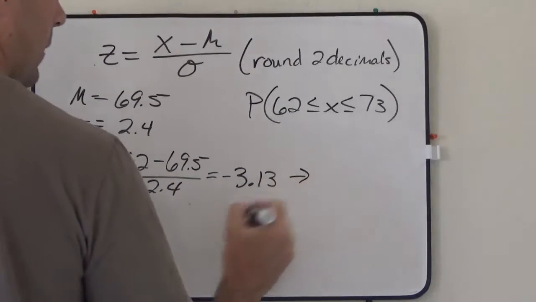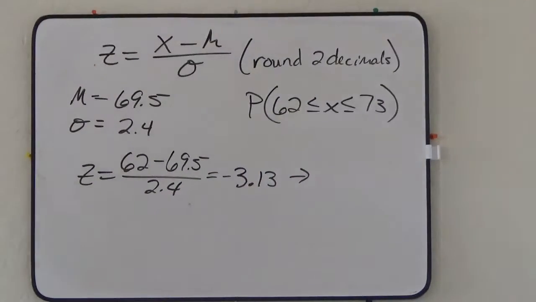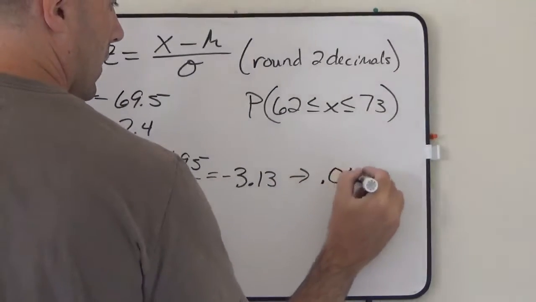Alright, so we need to find out what that probability is. So we go to our chart in the book. We're going to look up negative 3.1, and the column we're looking for is 0.03, and when they meet up, they give us 0.0009.